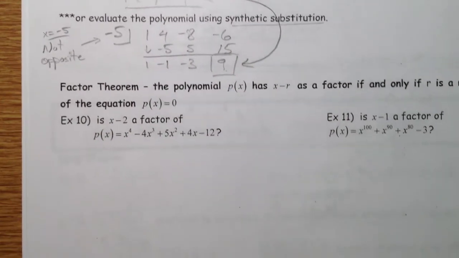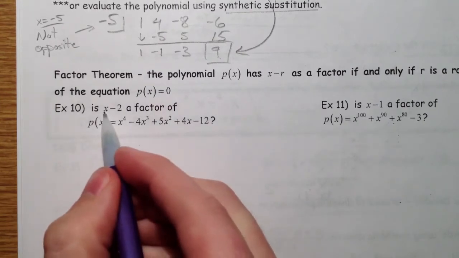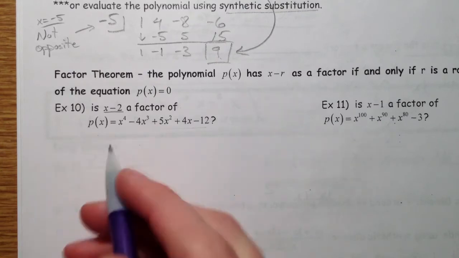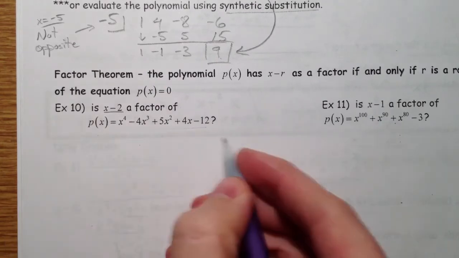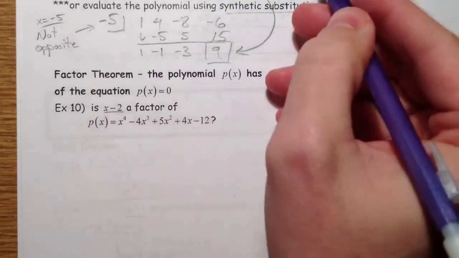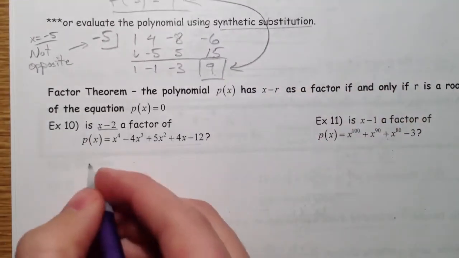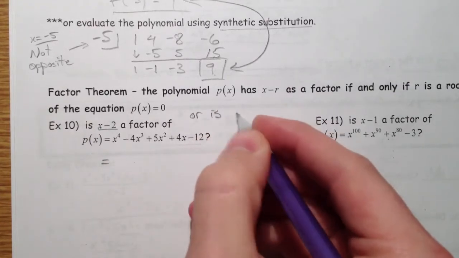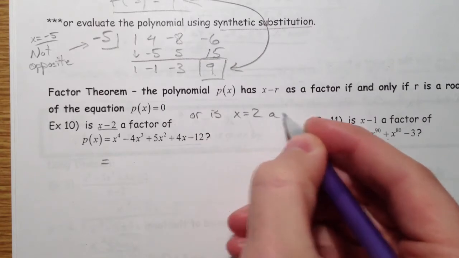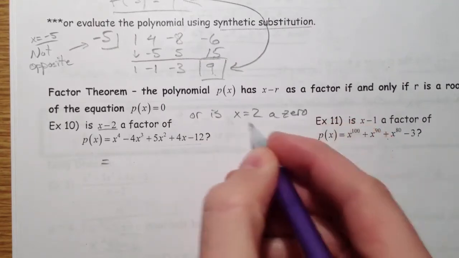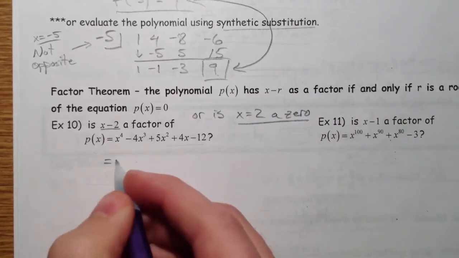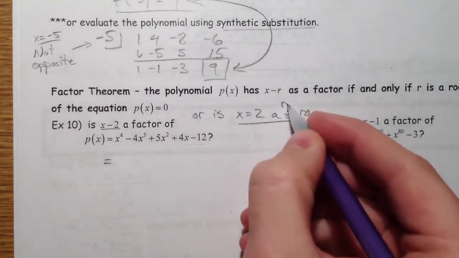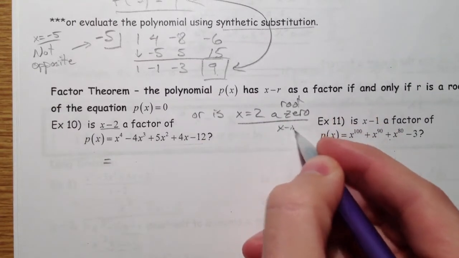Here's why it's beneficial. 2 ways you can do it. Is x minus 2 a factor of this? Well, you can do synthetic division, or it works the other way with knowing if it's a factor. You could plug in 2, or is x equals 2 a 0? Do we get 0 as a remainder? Do we get 0 when we plug it in? Because if x minus 2 is a factor, 2 is a 0, or in other words a root, or in other words an x-intercept.